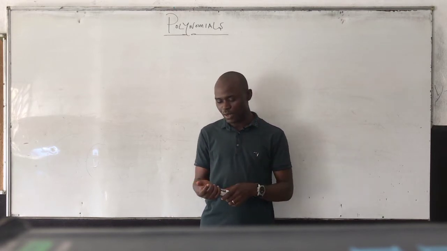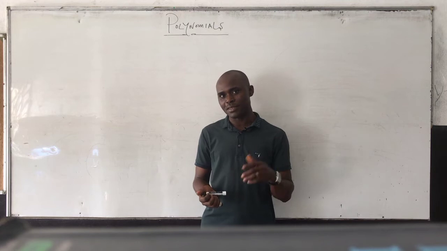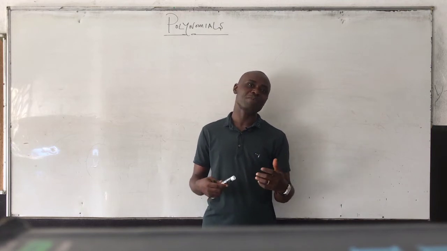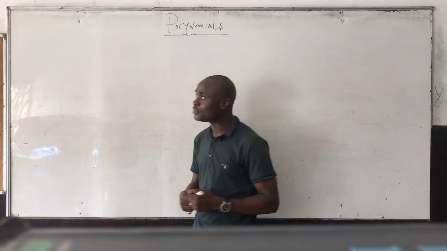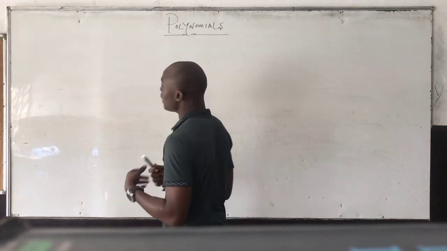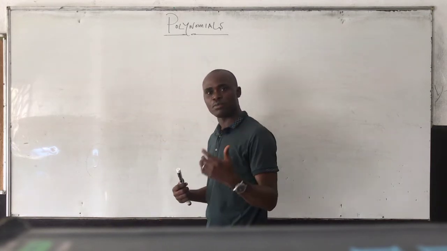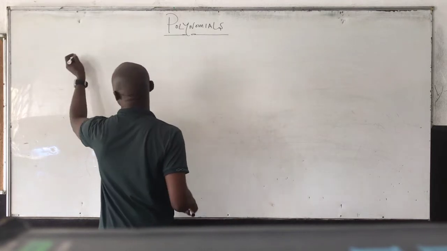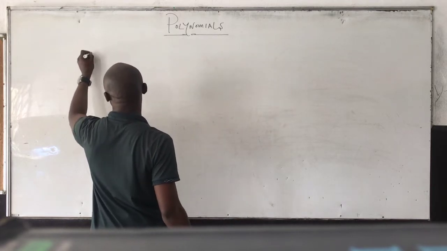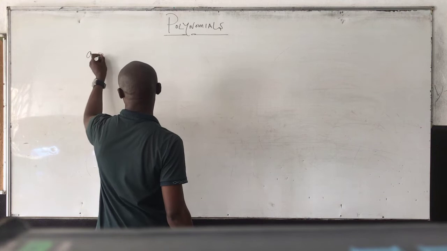So I'm going to give the scary definition of a polynomial, but I'm going to take my time to explain it. So if you want to define what a polynomial is, a polynomial in x is an expression of the form this.